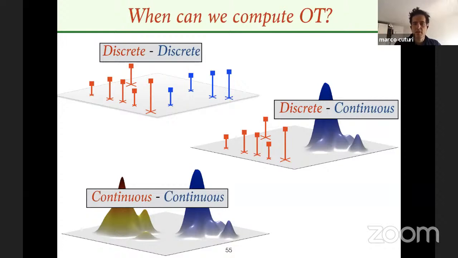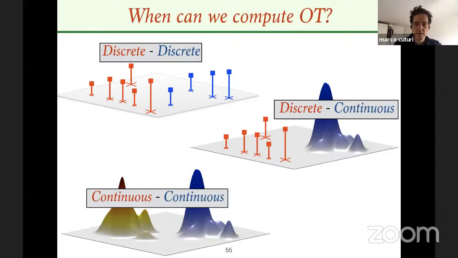And so those will be discrete couplings, semi-discrete couplings, that is discrete on the one hand and continuous on the other, or continuous couplings. And for each of those three settings, basically Kantorovich formulation works, at least on paper. So it's more a matter of how to compute it. But it is actually well-defined. So unlike, for instance, the Kullback-Leibler divergence that blows up if the supports of the two measures do not overlap.